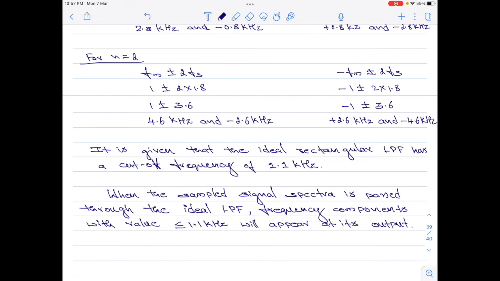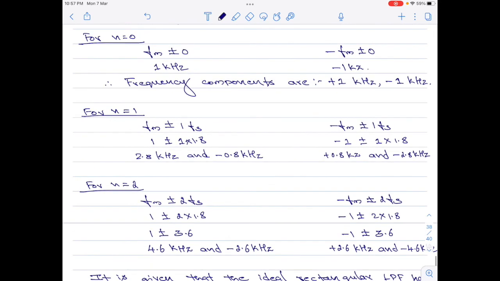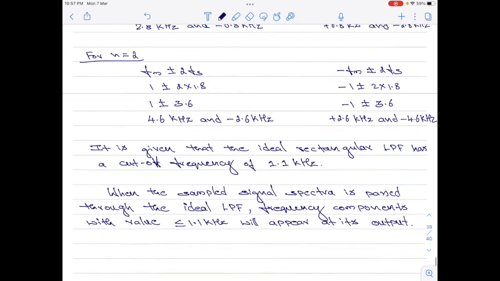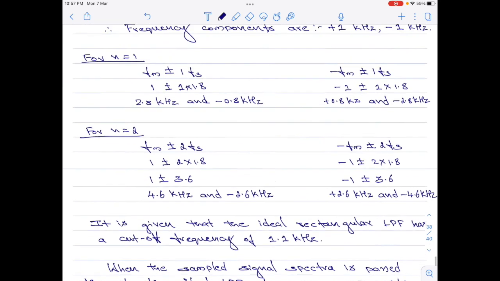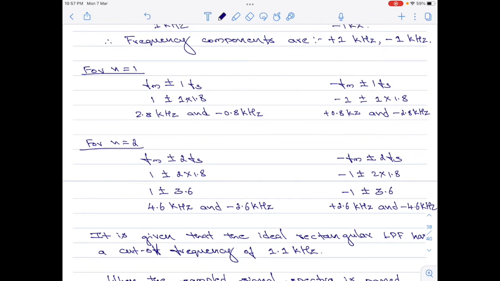Now, having said that, let us go back and check all the computations and identify the frequencies either less than or equal to 1.1 kilohertz. By analyzing the computations, we find only 4 frequency components that appear at the output. They are plus or minus 800 Hz and plus or minus 1 kilohertz.